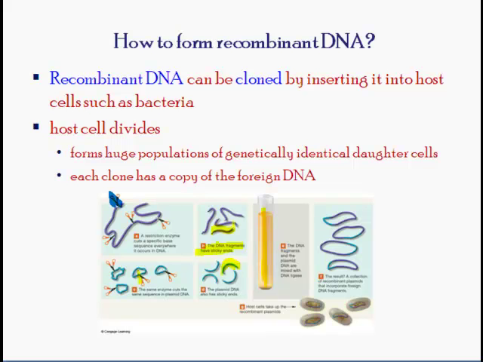I hope you can differentiate with the darker blue, and you can see the light blues are introduced in here. So these segments are then introduced into a host cell, and it's usually bacteria, and as the host cell divides, it automatically makes clones or exact copies of this foreign DNA.